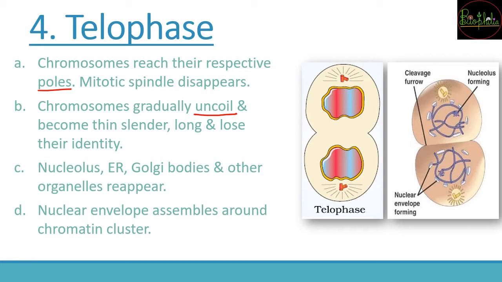So as soon as the division is completed, the chromosomes also are going to uncoil themselves, और वो जैसे पहले थे यानी chromosomes से लेकर वापस वो गंदे से ऊपर नीचे वाली हालत में आके they have got their identity back. So they were thin, they were slender, long and loose. So they got their identity back as soon as the chromosomes got to the respective poles.